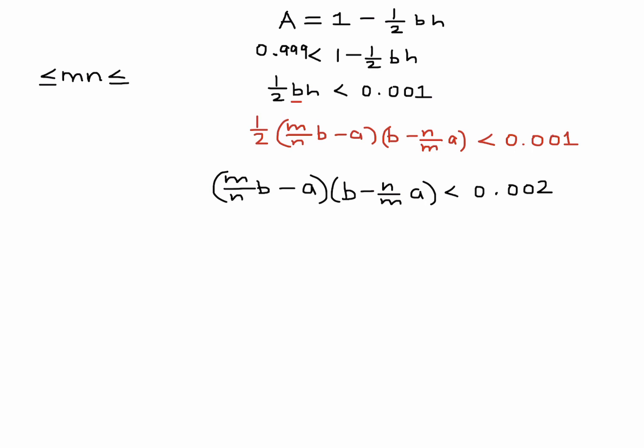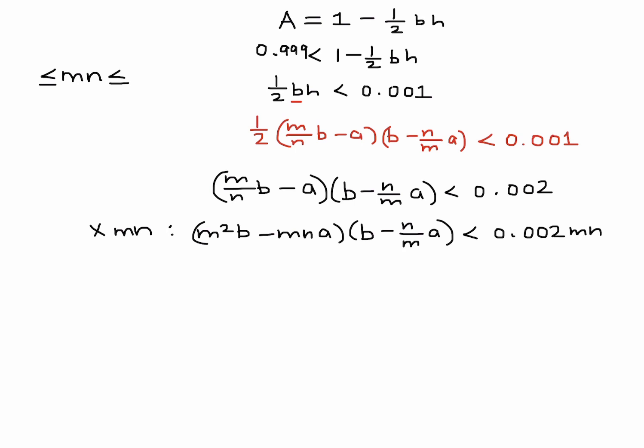If I'm going to try to get rid of these fractions here, I don't like these m over n kind of stuff. So let's multiply everything by mn. So times everything by mn. And if I do, I will get, let's see here, m squared b minus mna. And then this will just remain the same, since we only have to multiply one bracket. And this becomes 0.002 mn.